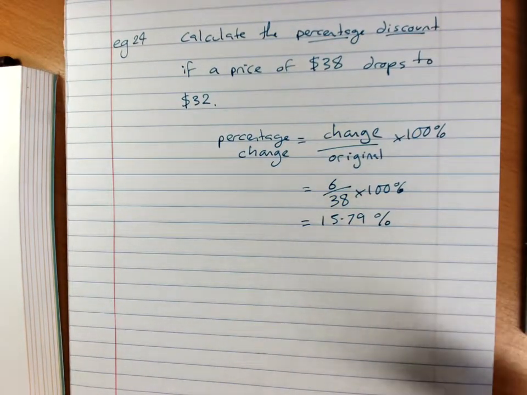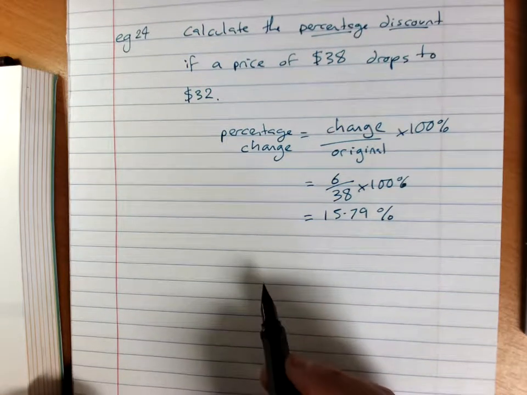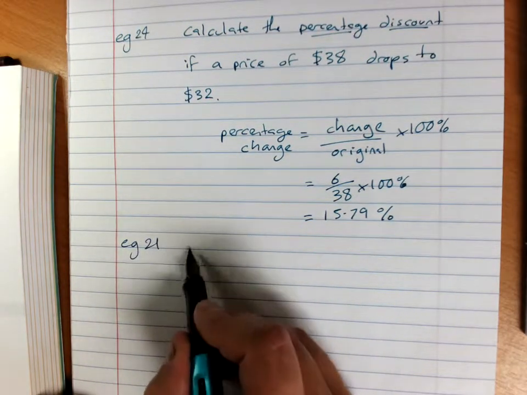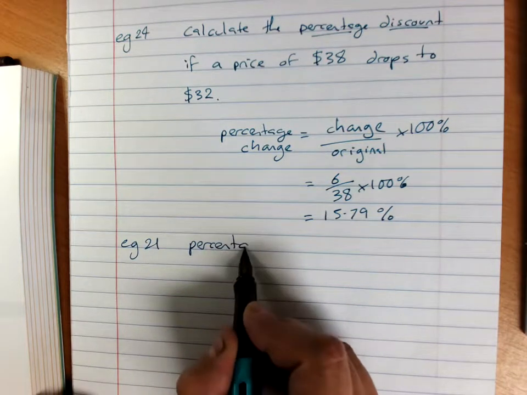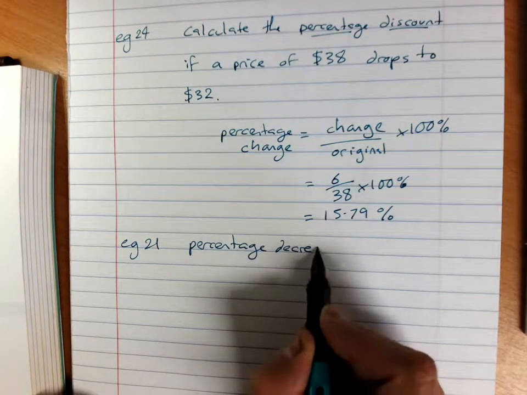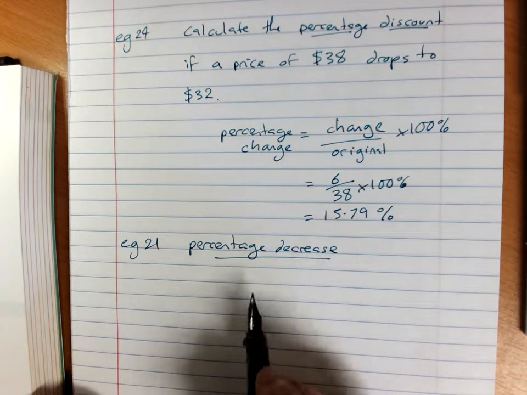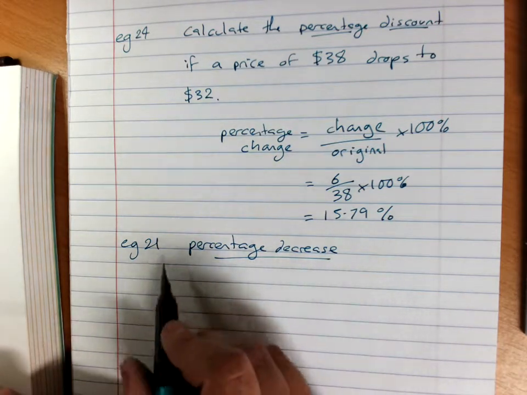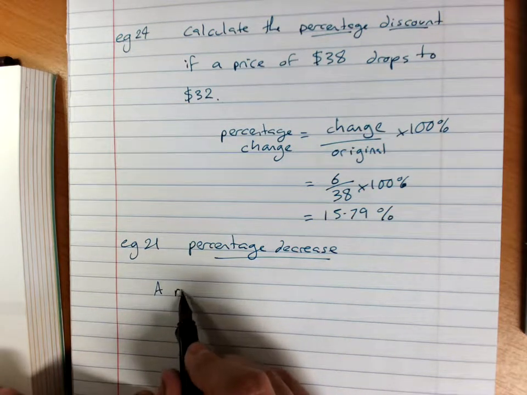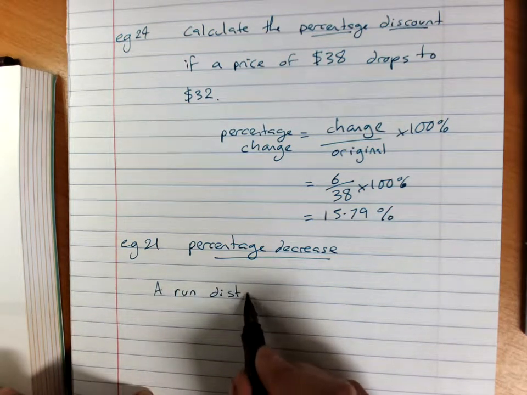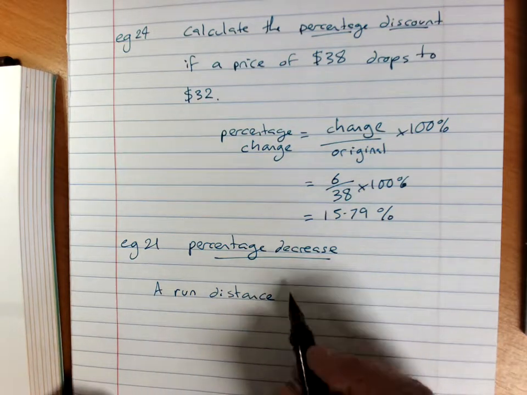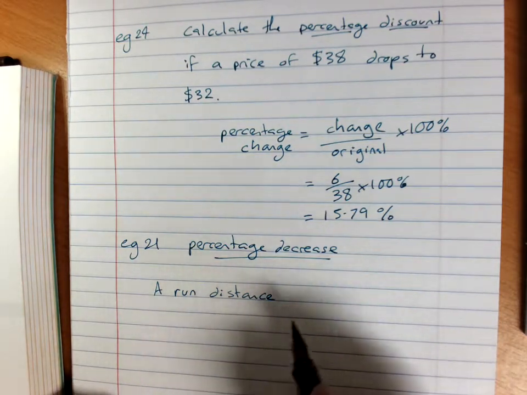What I actually meant to do was a percentage decrease. So this is going back to the same sort of question we had before. We're doing a fun run. In fact, we're doing the charity walk next week or something. And they reduce the original distance.